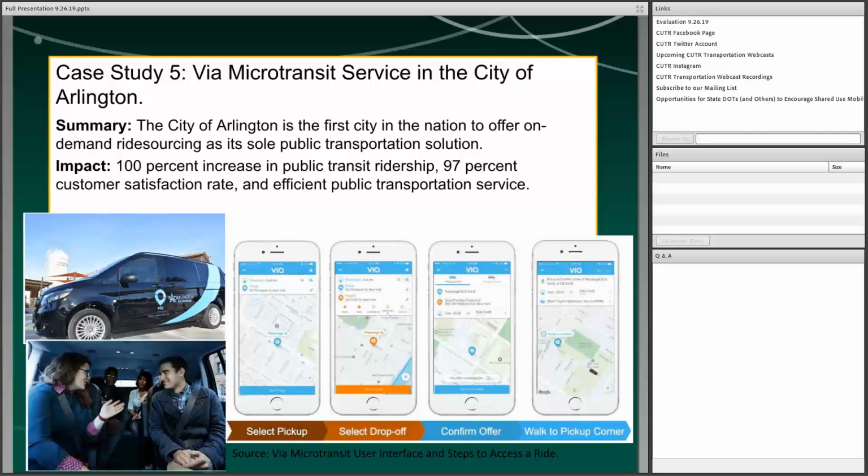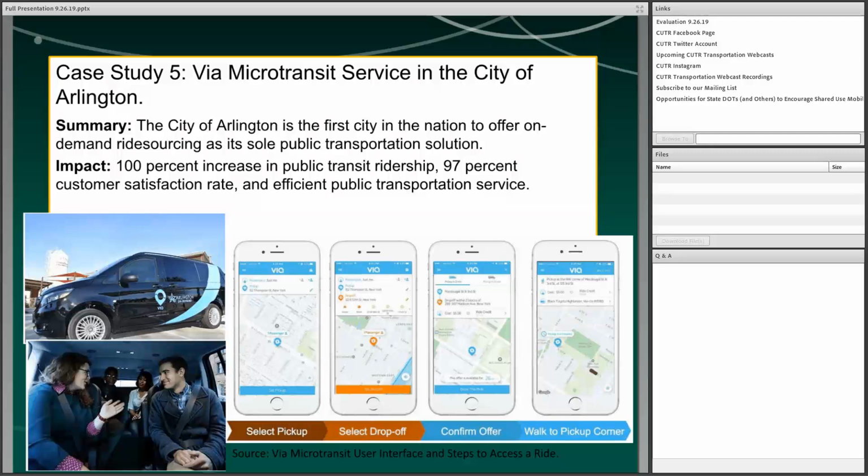Diving to the next case study, which is Via Microtransit service in the city of Arlington. Like I mentioned before, there were no rural microtransit implementations in the US when case studies were conducted early this year. Most urban microtransit providers such as Bridj and Chariot ended or faced problems with their US operations.